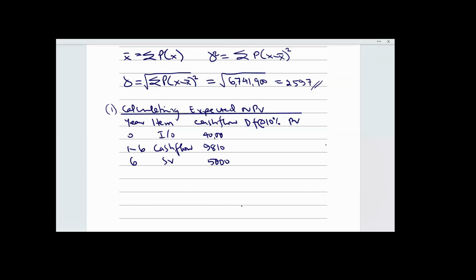So here is one. Somebody should give me the annuity factor of year 1 to 6 at 10%.